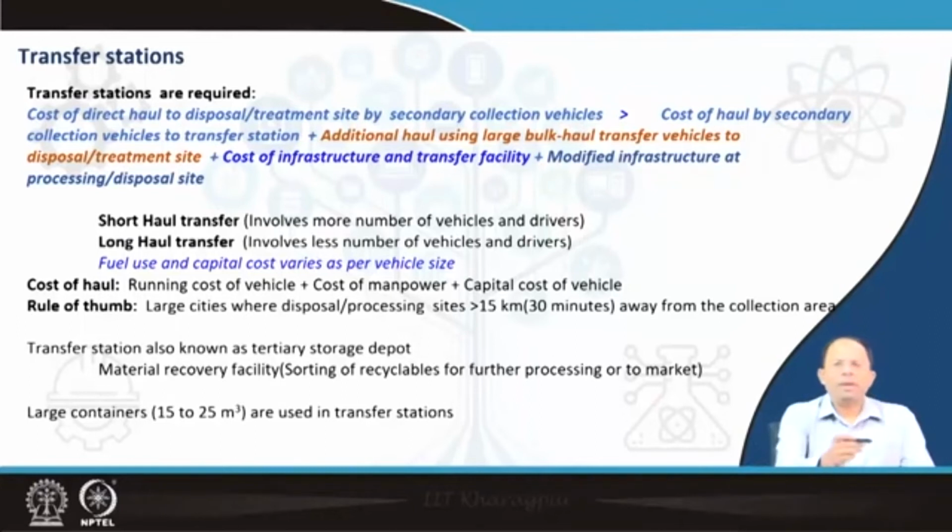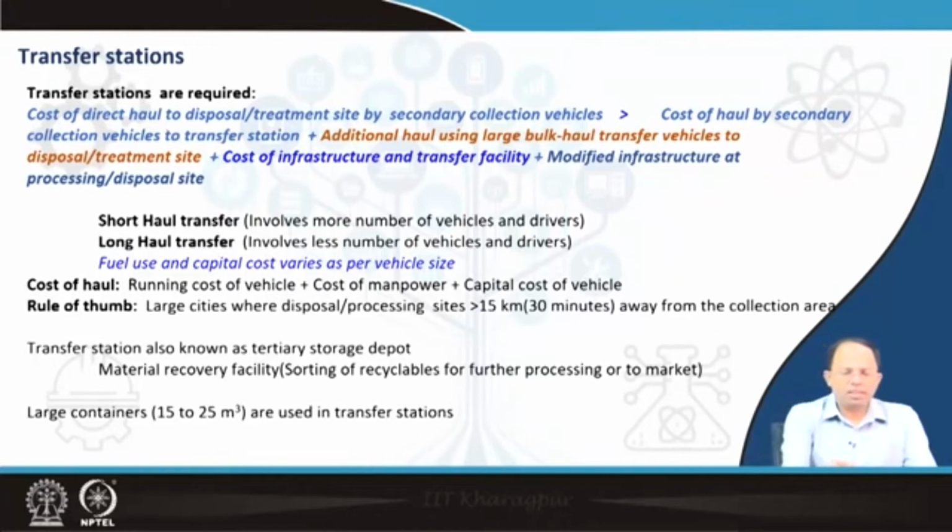Now, coming after vehicles, we will talk about transfer stations. We have talked about in tertiary collection systems that we have to provide transfer stations if the distance of the final disposal site or the waste processing centers are far away from the collection points or the secondary storage points.